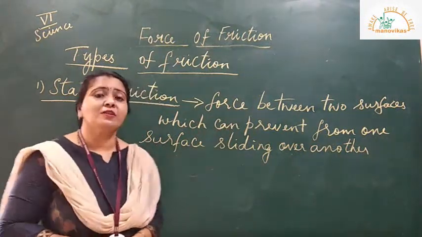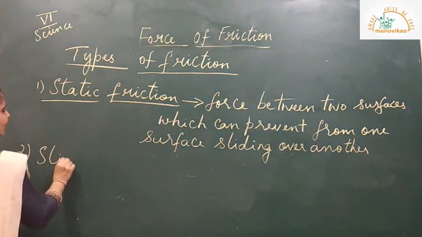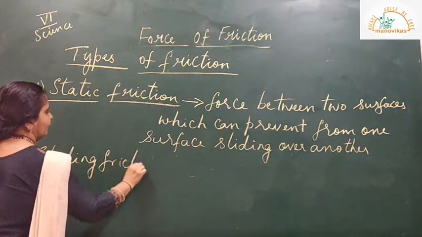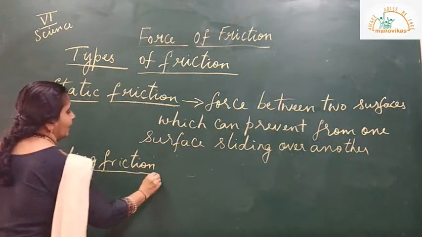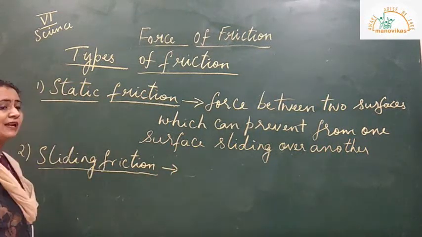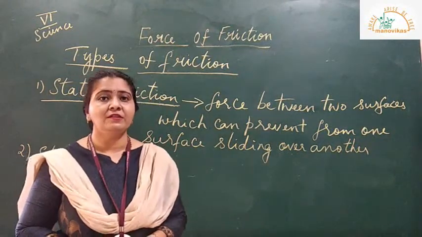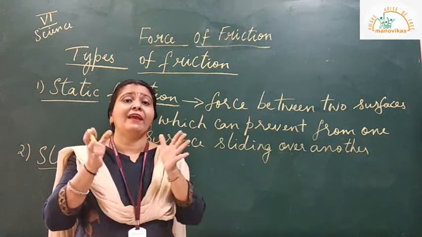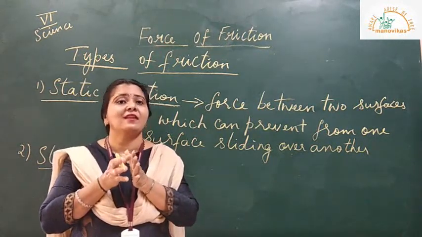Next, let us see what sliding friction is. Sliding friction results between two surfaces when they are pressed against each other and they slide. So sliding friction is the friction between two surfaces being pressed against each other as they slide.